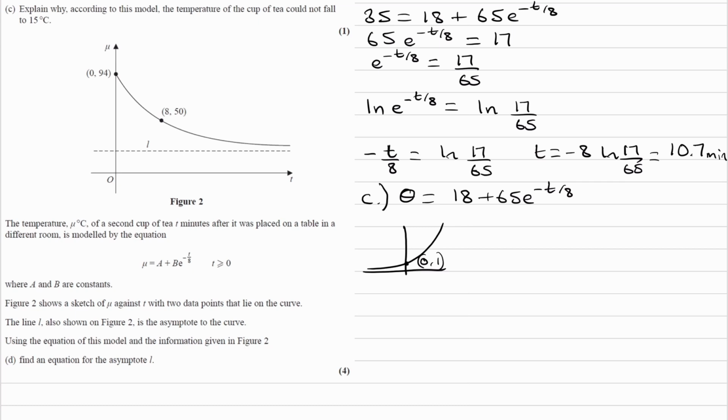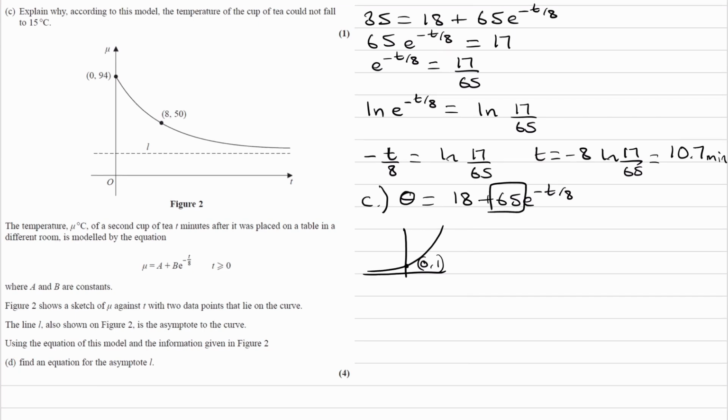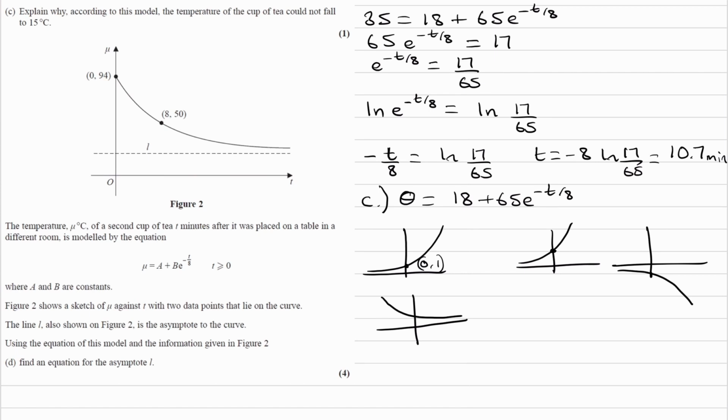If you were to multiply e to the power of x by something, then you'll end up changing what the y-intercept would be. We could also reflect this graph in the x-axis, or we could reflect it in the y-axis. That's another option for how this graph could evolve.